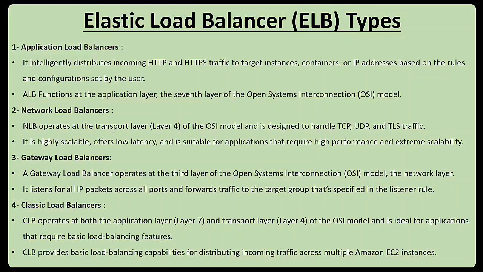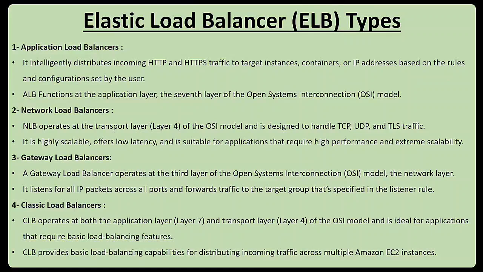But whereas in your network, application and gateway load balancers, I need to specify a rule, a listener, meaning who is going to listen to my traffic, or who is going to listen to my ports. Based upon the listener ports, and based upon the rules which I have defined, it will provide me access to the particular target.